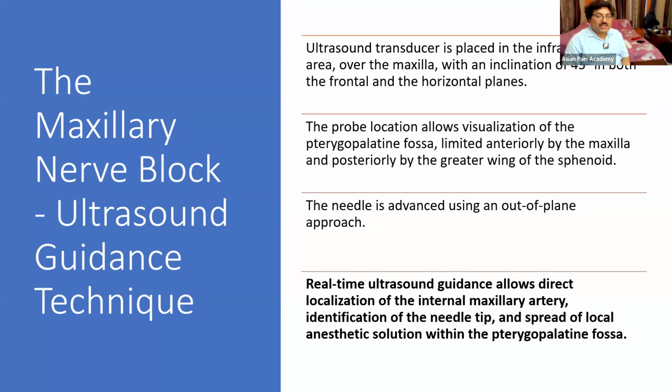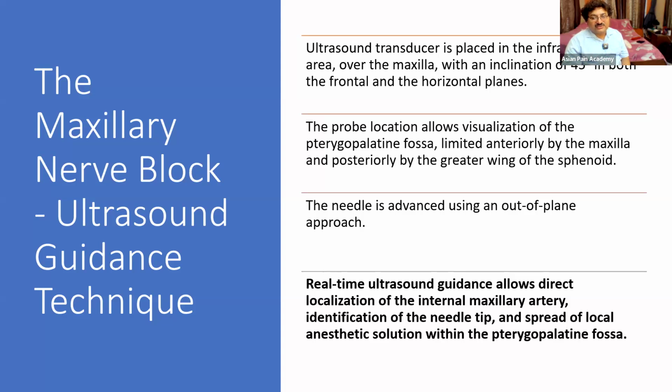Usually in the ultrasound guided maxillary block, the transducer is placed in the infrazygomatic area. Most of the studies are performed in the infrazygomatic area, and actually, as I have shown, in between the coronoid process and the condyle, and then with a 45-degree angle in both frontal and horizontal planes it is usually advanced, and the probe location allows the visualization of the pterygopalatine fossa.